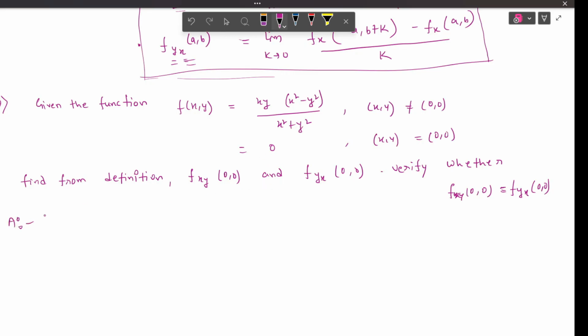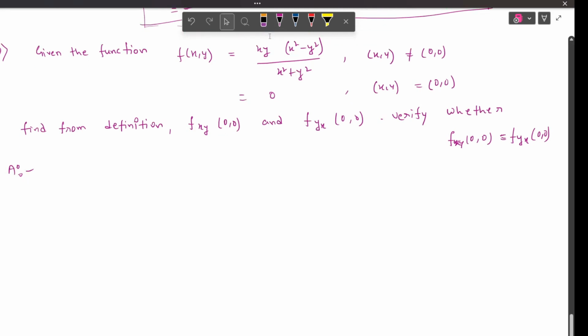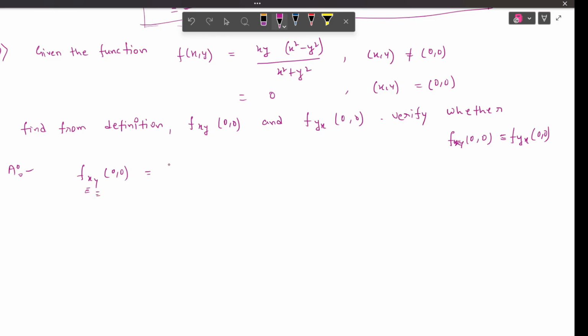So according to the definition, we know that for (a, b), here it is (0, 0). Here x is first and y is second, so for fyx, y is first and x is second. So limit h tending to 0, we have to add h with x, so this should be a plus h, where a is 0, b is 0.